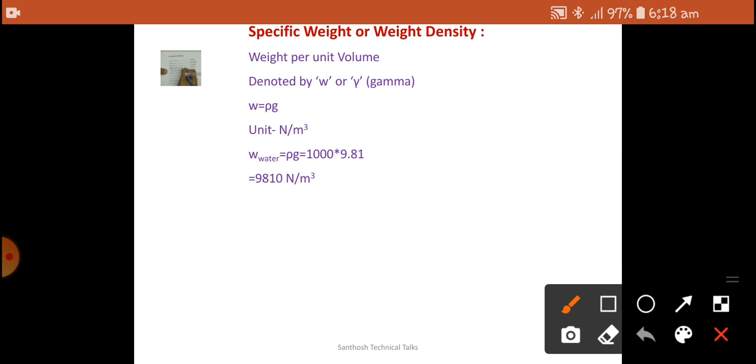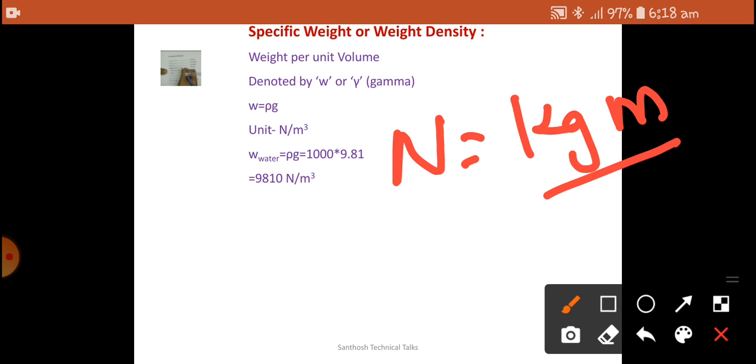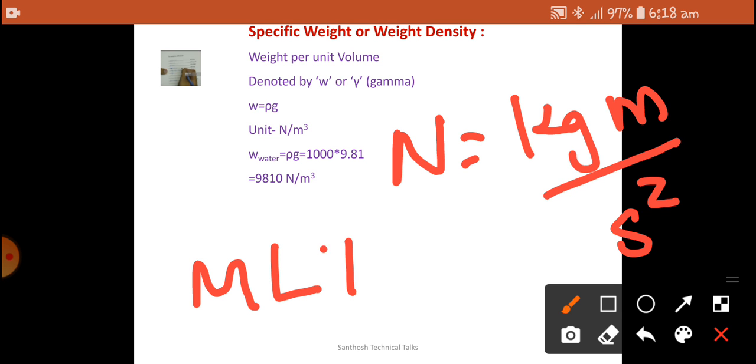Here you have to know one thing: Newton is equal to kg meter per second square. Therefore, it is M L T power minus 2, which is the fundamental dimension. In terms of fundamental dimensions, you can mention the specific weight like this.